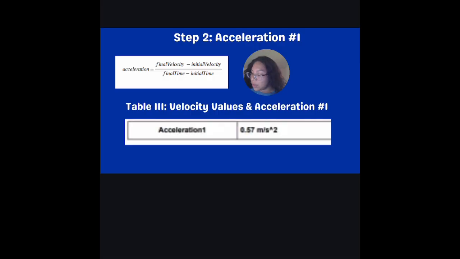So for that one, originally it was the negative 0.5 minus the 0.1 divided by 5.3 minus 4.6, which was our time 4 minus our time 1. And we got the 0.57 meters per second squared.